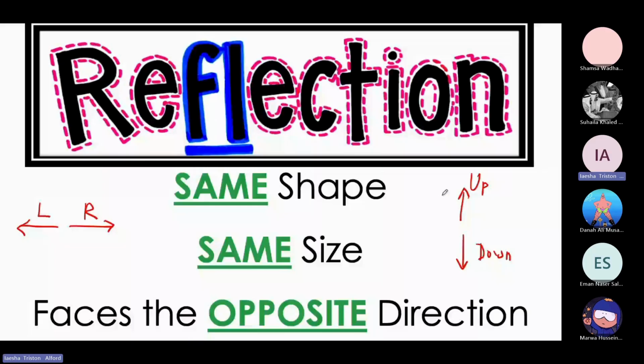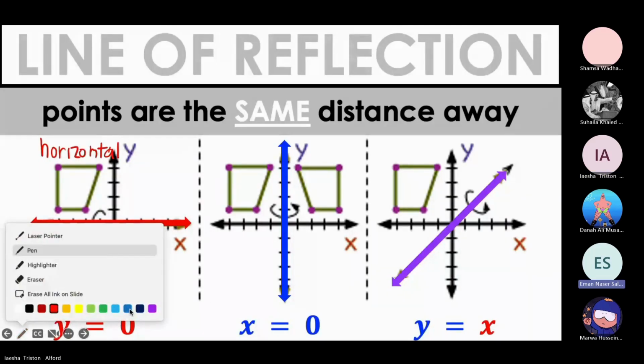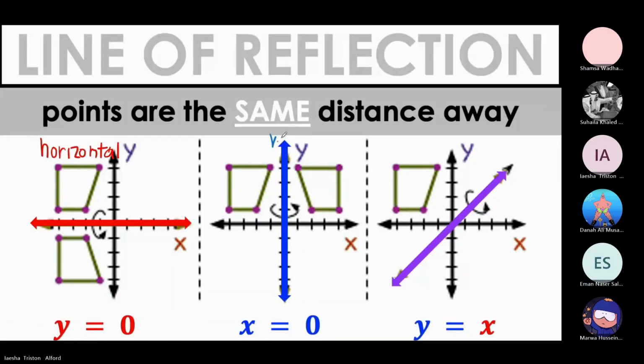For the reflection, you have 3 kinds of lines that you're going to reflect over. So the red line has a name. It is called what kind of line? Horizontal, right? And the blue one has a name? Vertical. So remember about horizontal and vertical lines. Horizontal, they start with y equal.